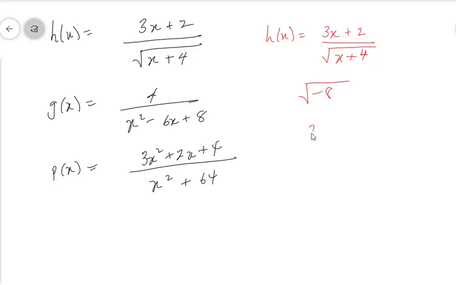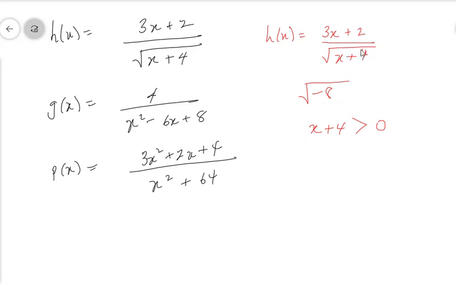So this x plus 4, the radicand, should be greater than 0. If it is equal to 0, the denominator is going to be 0, making everything undefined. And if it is less than 0, that is negative, this is also going to make it undefined because we move out of the real number system into the complex number system.